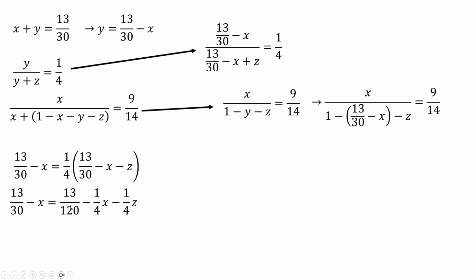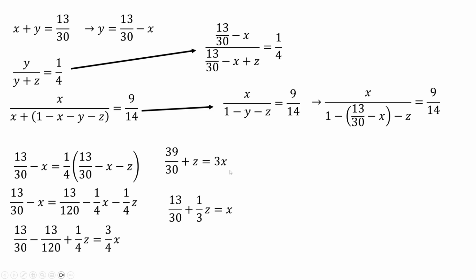Okay, we'll bring the x's from this side to that side, and we'll bring this to that side, and we'll bring this to that side, and that gets us this. We'll times by 4 on both sides, just so the x doesn't have a denominator, and we'll collect this as well. Okay, and then finally we'll just rearrange for x, divide by 3 on both sides to get this.